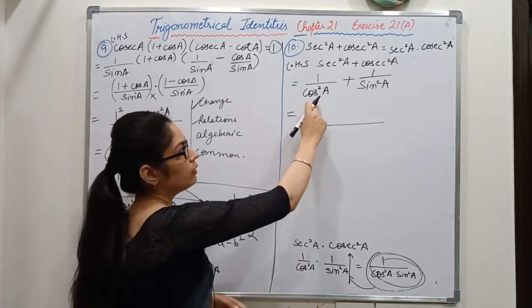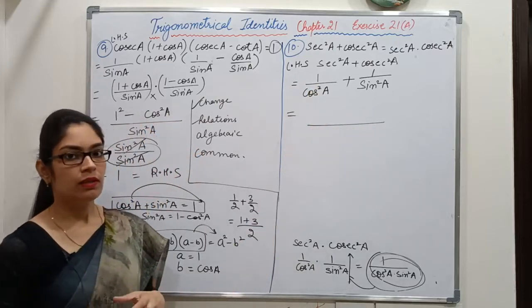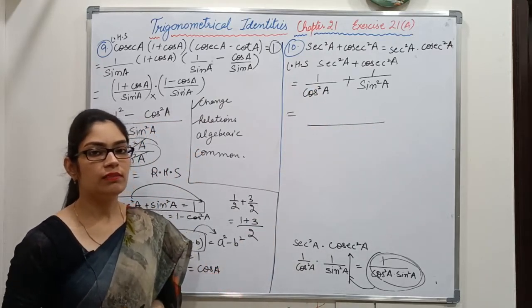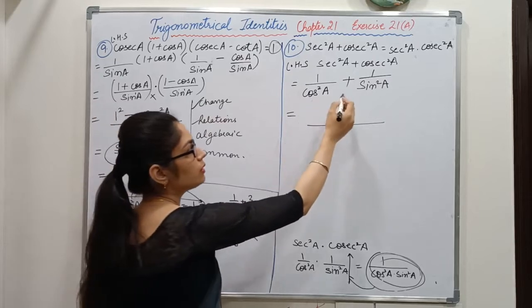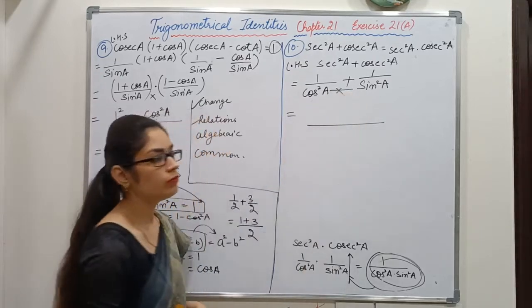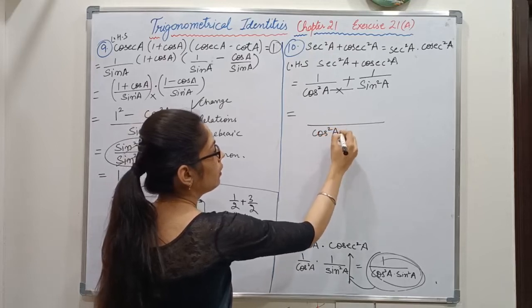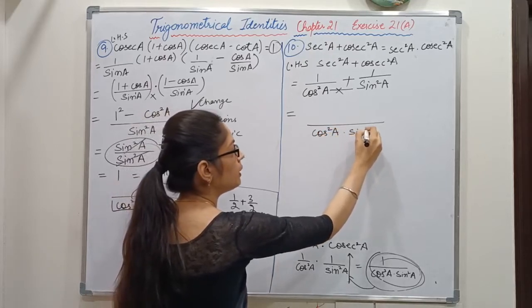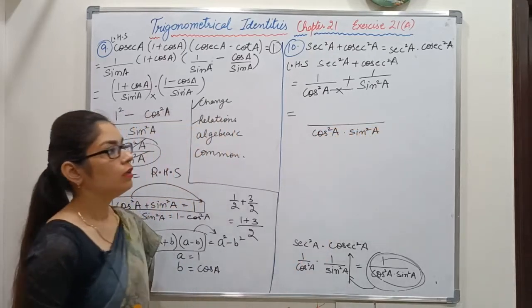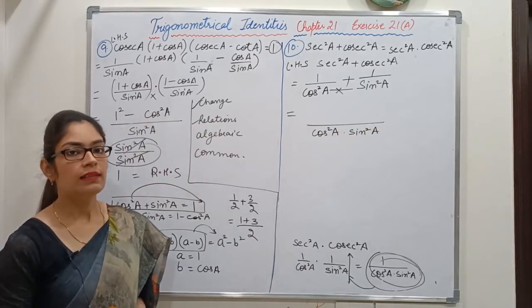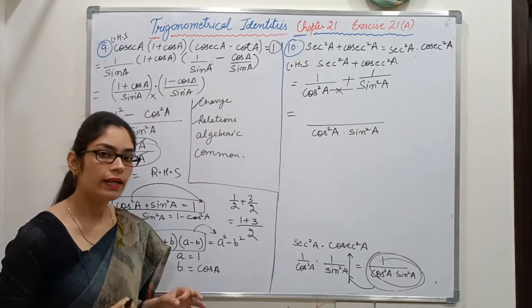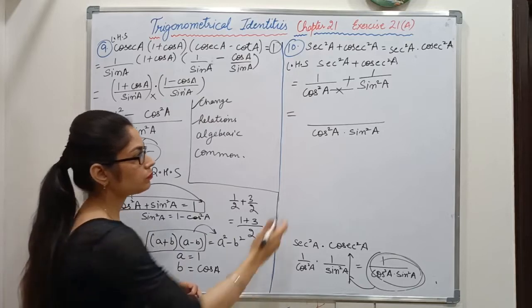Same thing we are doing here. So the LCM of these expressions, as I told you in the first question, is their multiplication with each other. So cos square A into sine square A will be the LCM.